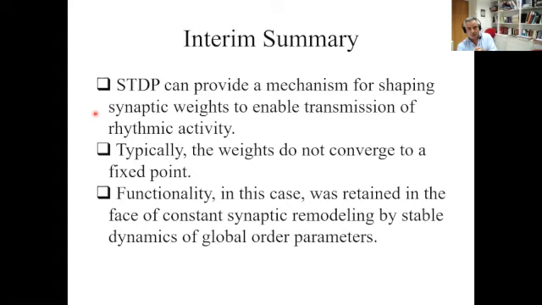Typically, when that occurs, the weights do not converge to a fixed point; rather, they remain dynamic. However, functionality in this case, in terms of the ability to transfer the rhythmic activity downstream, is retained because we have a stable dynamics for the global order parameters that converge to a fixed point.